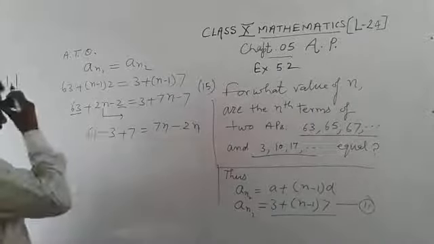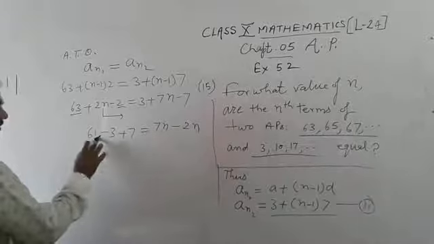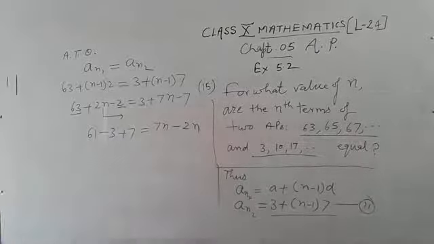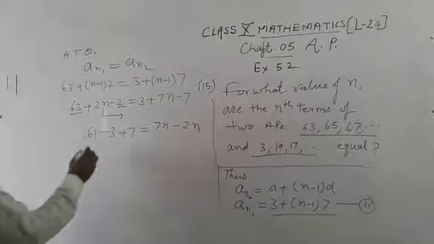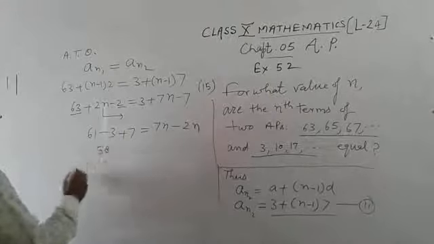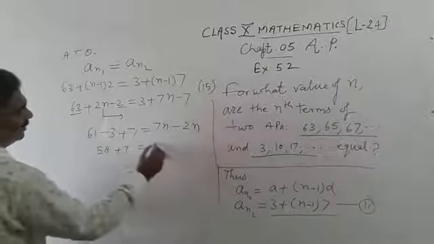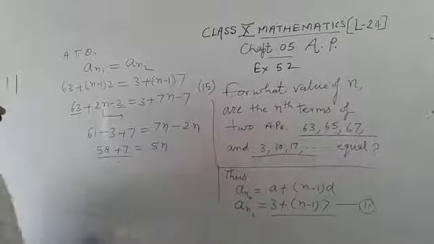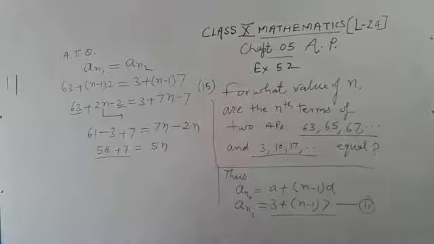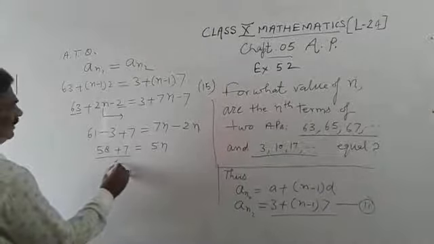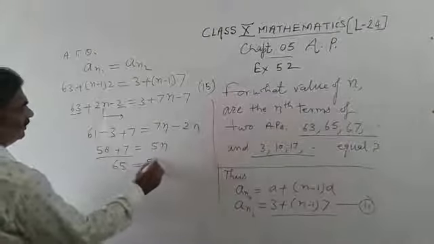Now students, 61 minus 3 is 58, plus 7 is 65, equal to 7n minus 2n, that is 5n.